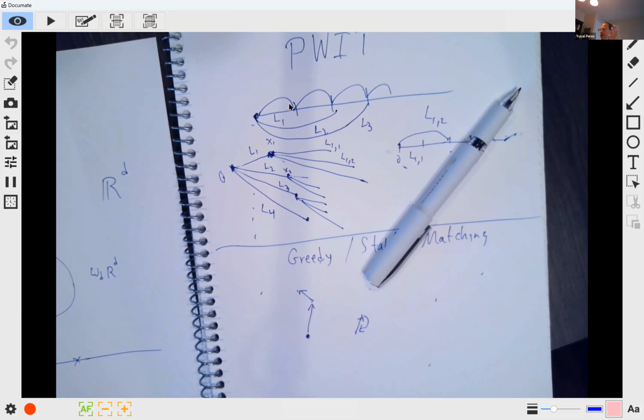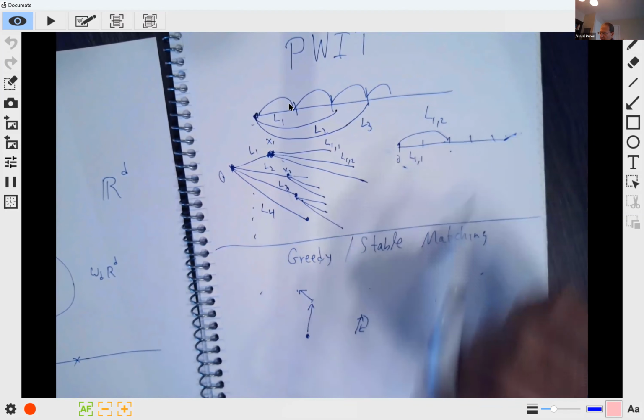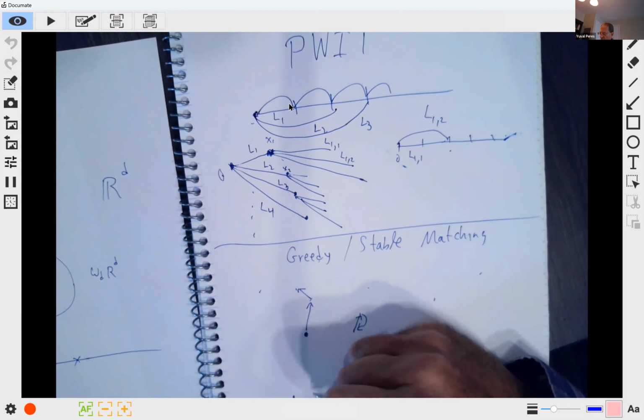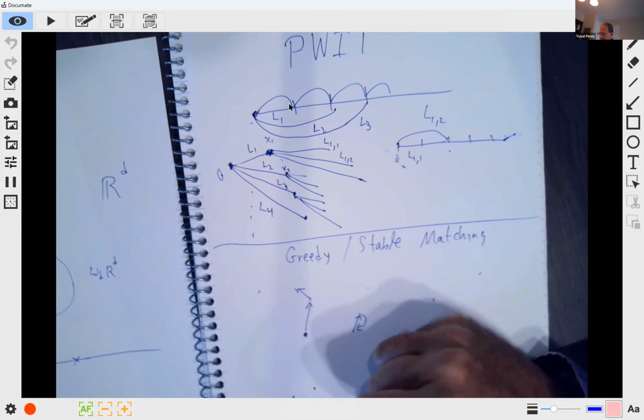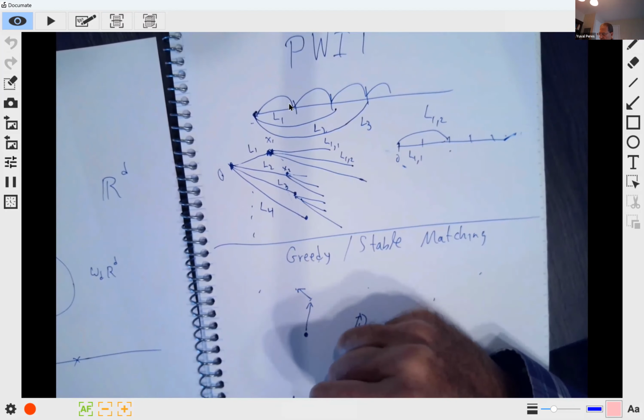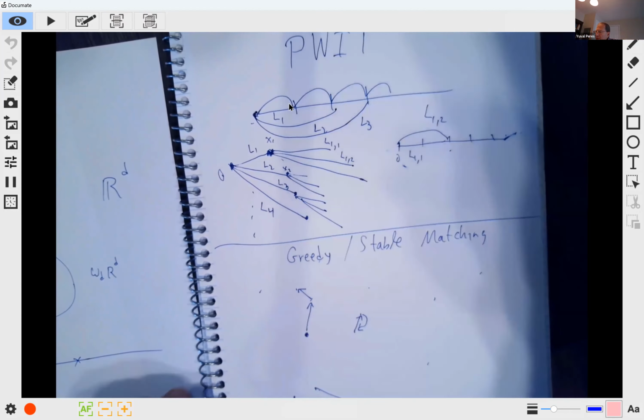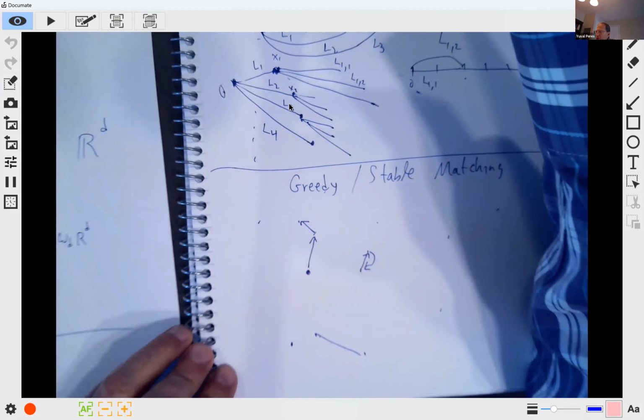It's a special case of a more general problem, which works with more general preference orders, which is the stable matching problem. I'll say more about that in a moment. But let me just say now, if we have a matching, we can describe an unstable pair as a pair of points that prefer each other to their matches. Let me show this in the picture.